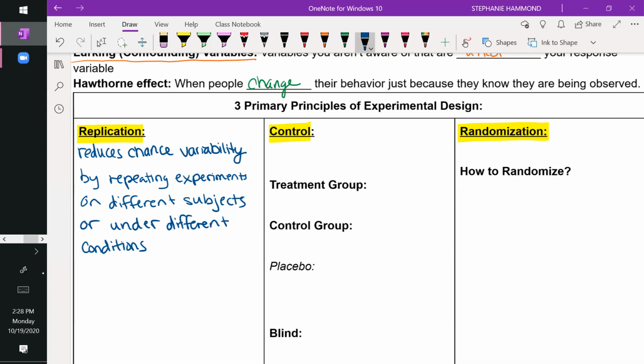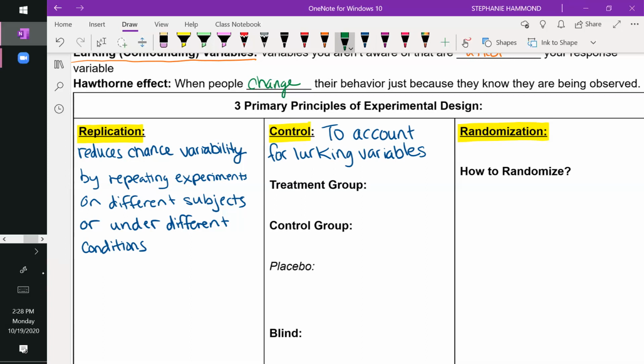The next primary principle of experimental design is control. Control is how we account for lurking variables. In order to account for lurking variables, we need a controlled experiment.